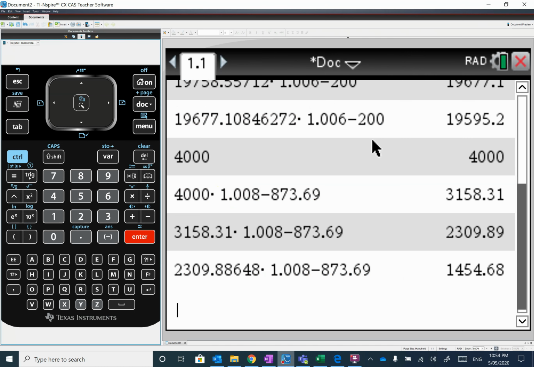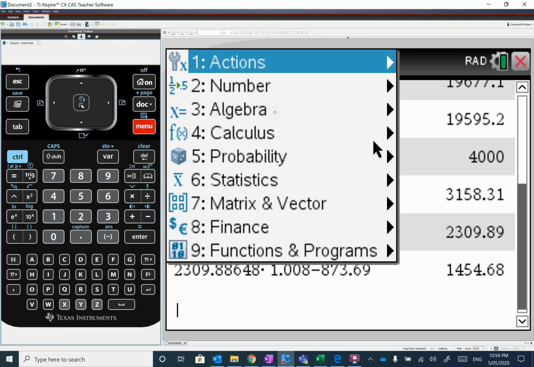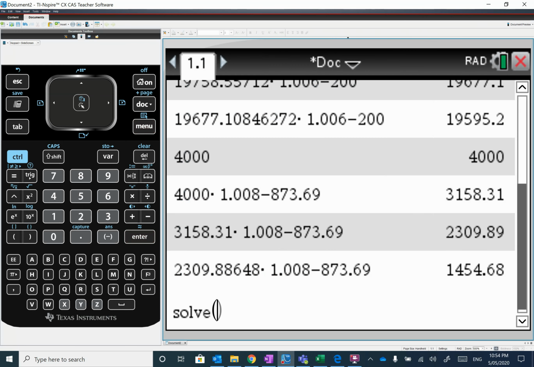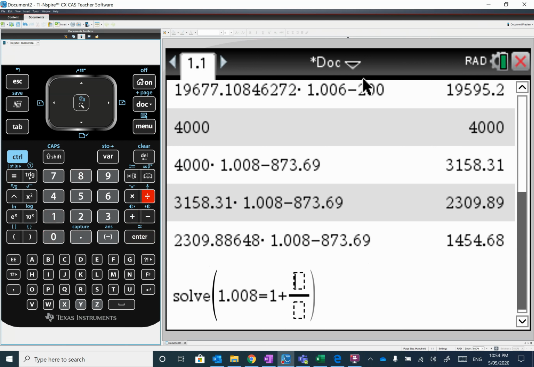So menu, algebra, solve: 1.008 equals 1 plus some r value divided by t divided by 100. Now t is 1, so I'm not going to put that in.